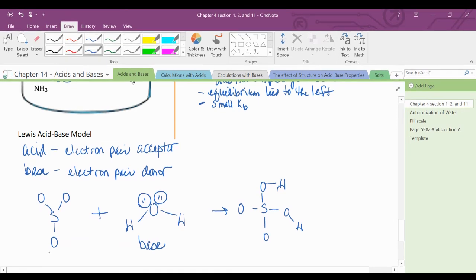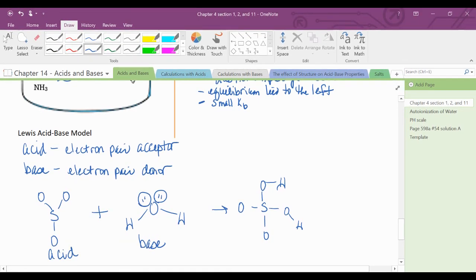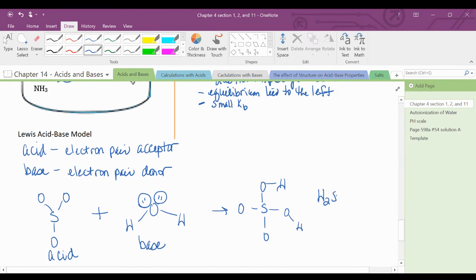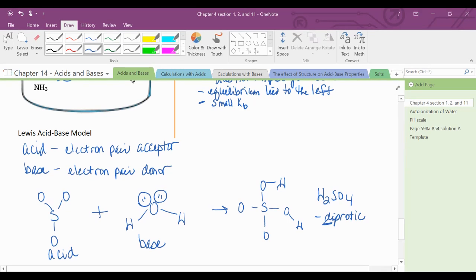So obviously SO3 becomes my acid. And the substance we've made here at the end is actually H2SO4. And we would define this as a diprotic acid, the di, of course, meaning that it has two hydrogens, acidic hydrogens. So here are the two. The other way we can define this is as an oxyacid, and I'm going to save that definition for later when we get to the sections at the end.